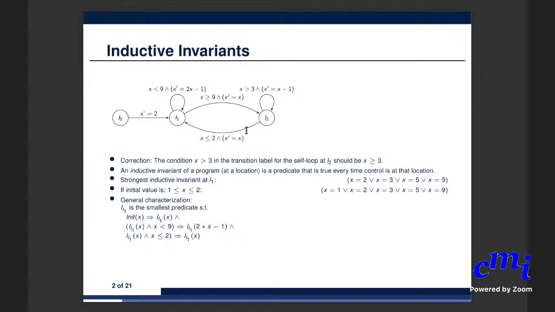Similarly, the values that the incoming arrow with condition X less than or equal to 2 can produce are already there, but that does not add any new value, and therefore you get this set of values 2, 3, 5, and 9.